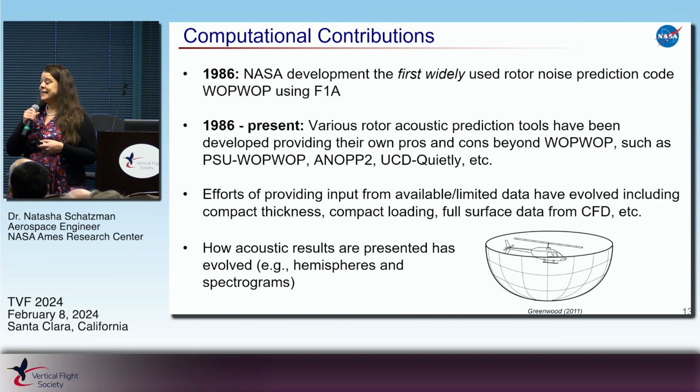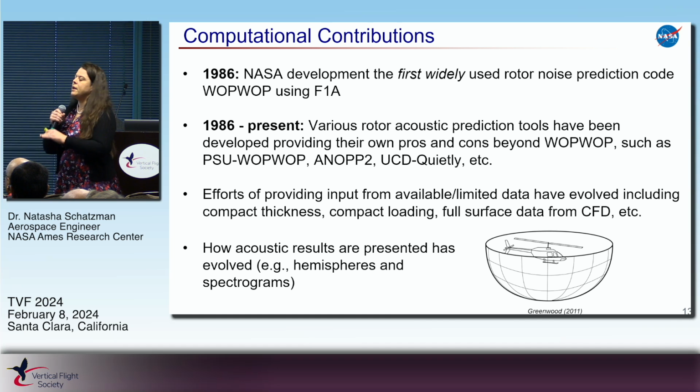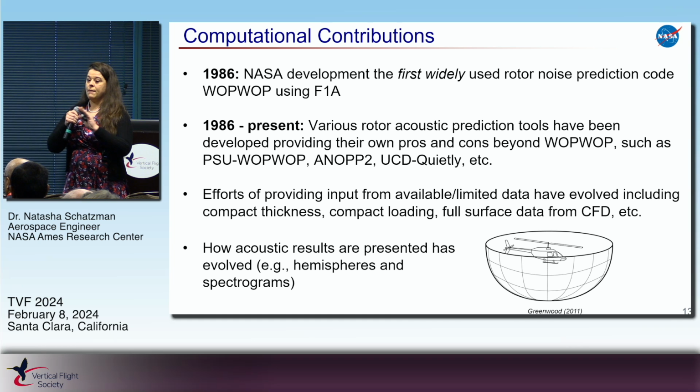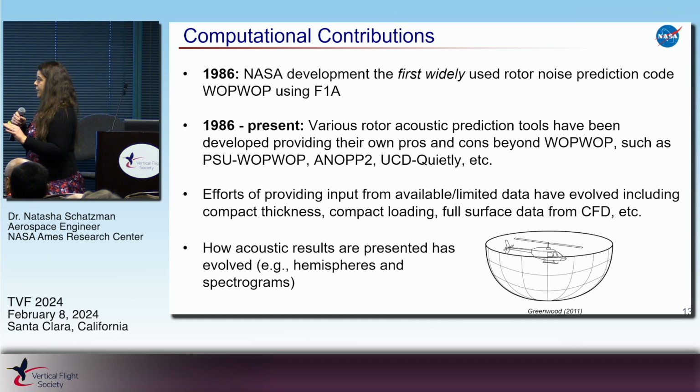Now, from 1986 to the present, there have been various rotorcraft acoustic prediction tools that have been developed. This includes not only WOPWOP, but also PSU-WOPWOP. We have ANOPP2. We have UCD-QuietFly, and there are many, many more codes that have been developed, and I do not say that lightly.